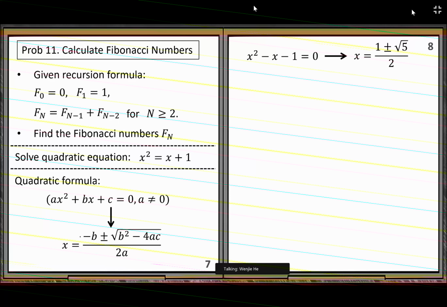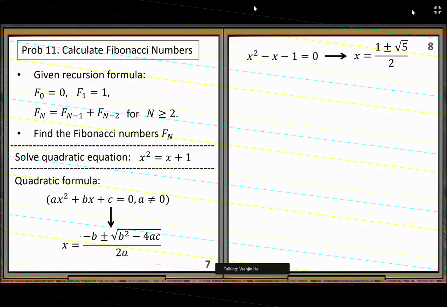So it is a positive ratio, but when you look at it, 1 minus the root of 5 is a negative number. So the second root is a negative number, so it cannot be the ratio of the lengths of two line segments. So we drop the negative root.